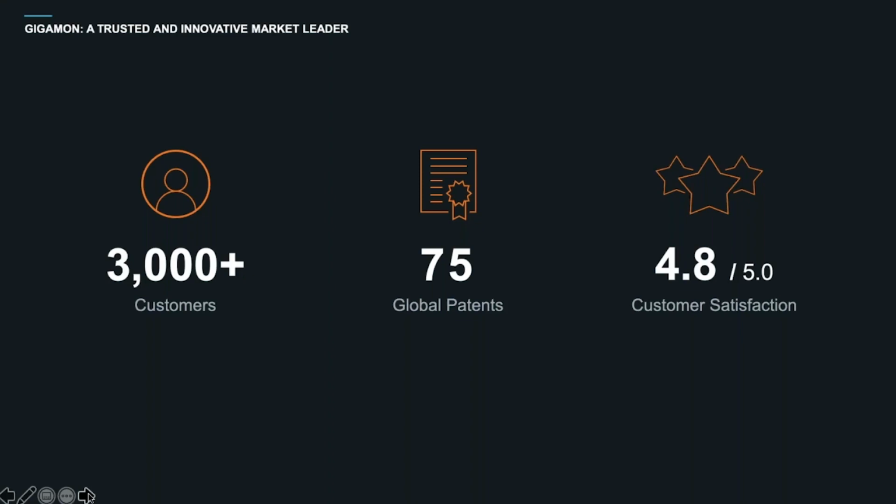So, the cliche of you judge people by the company that they keep, we're keeping some pretty good company there. So I think whatever size of organization you're representing as you listen to this, you'll find some very like-minded customers already using Gigamon.